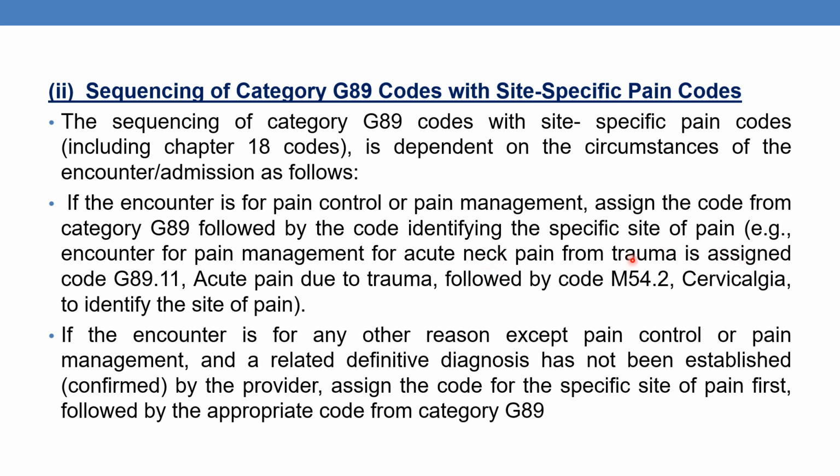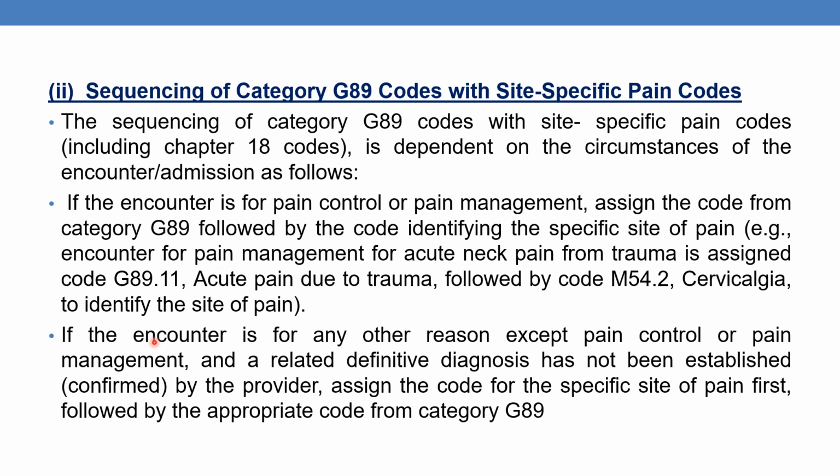For example, encounter for pain management for acute neck pain from trauma. So here the patient is having acute neck pain from trauma and he comes for pain management. So PDX will be G89.11 acute pain due to trauma, followed by M54.2, that is nothing but cervicalgia.